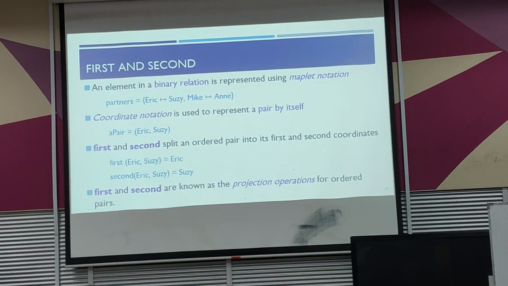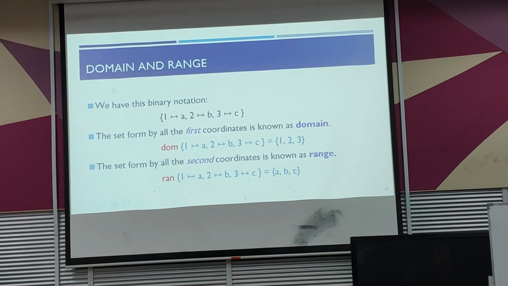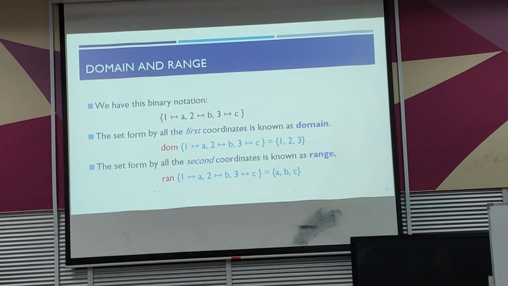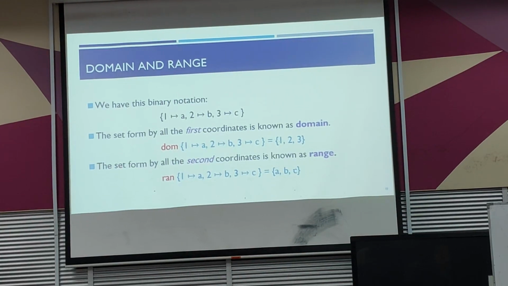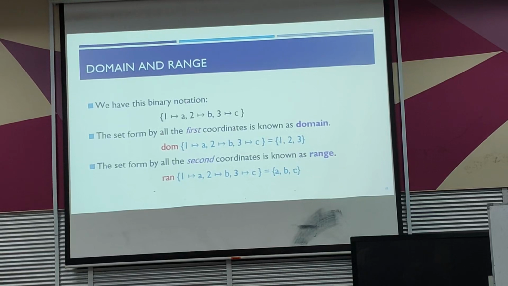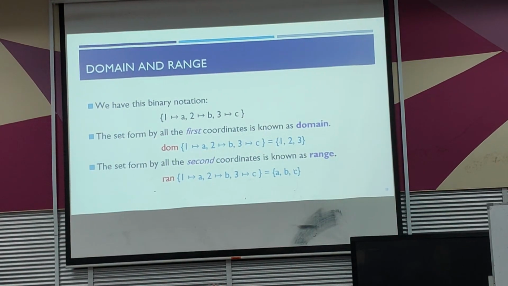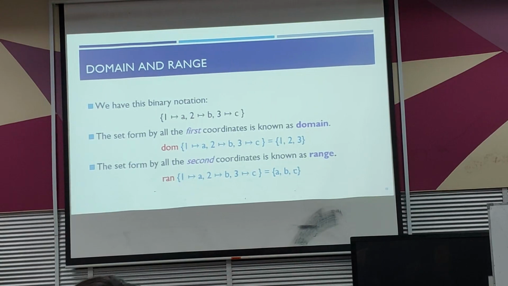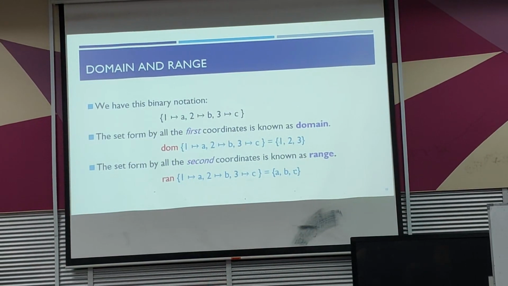The ones that we are going to use a lot are domain and range. In this week's tutorial, we started with domain and range already. Domain and range are similar to first and second, just that first and second handle only one record. But normally in our database, we are not going to have one record, we are going to have many records.